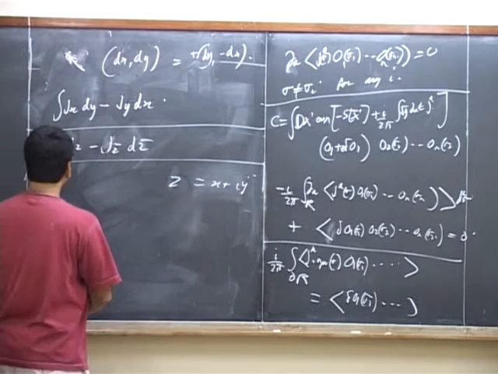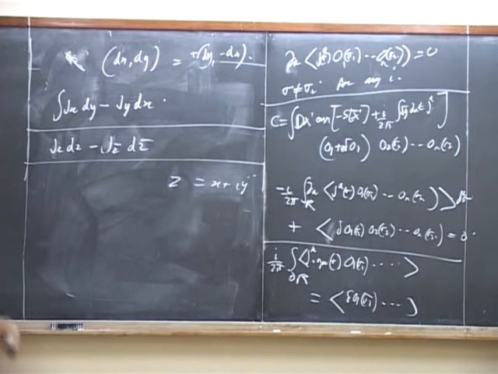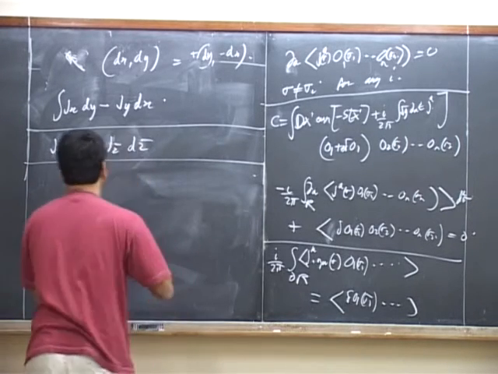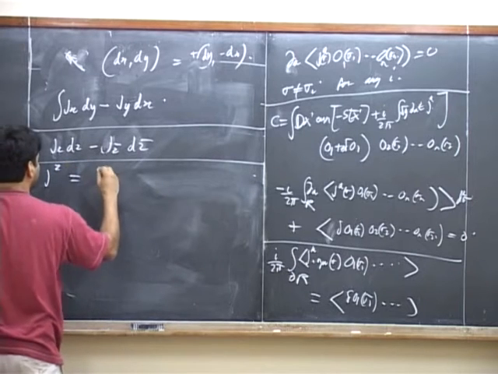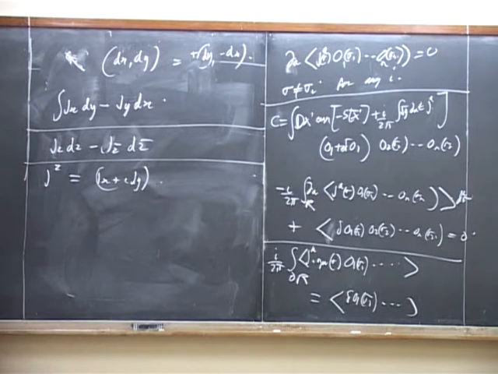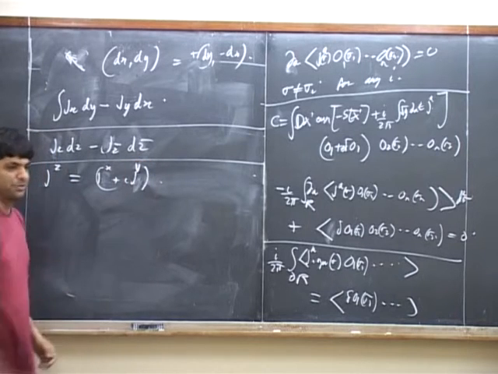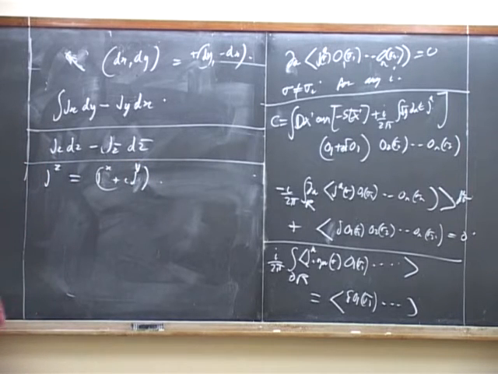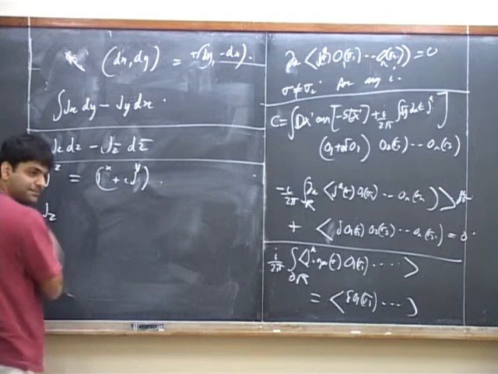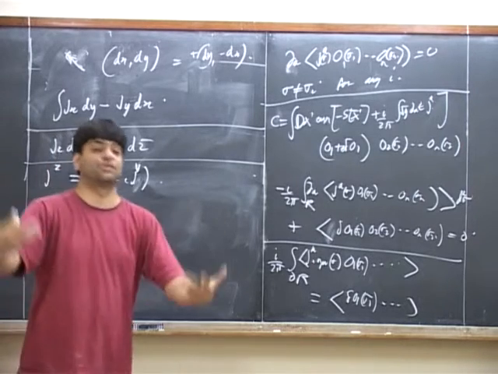So any vector with an upper index, jz with an upper index is jx plus i jy. With x and y it makes no difference because upper is the same. But jz with a lower index behaves the same way as the derivative with respect to z.